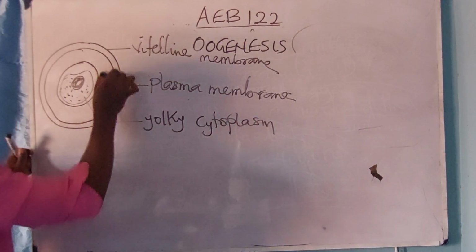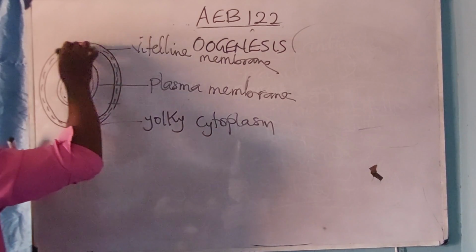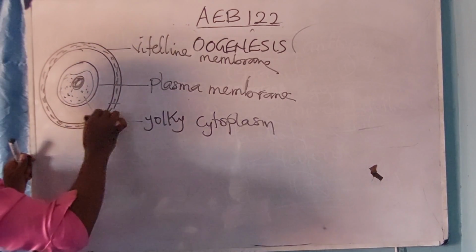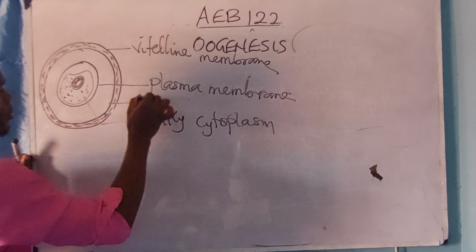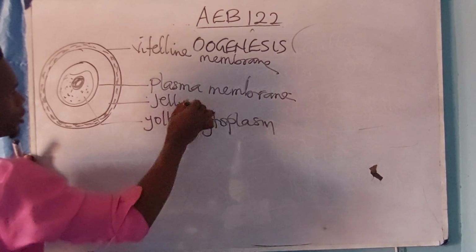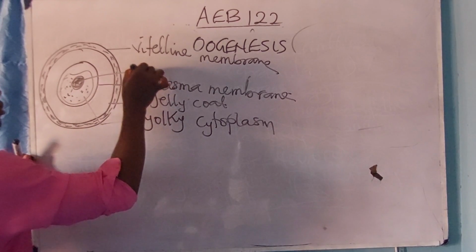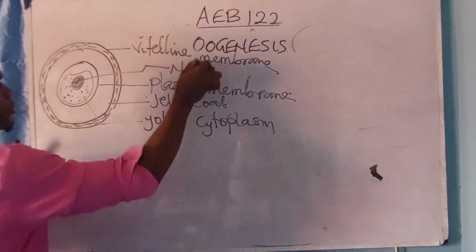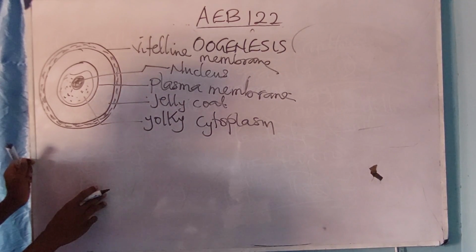Alright, this part, it's called the jelly coats. Jelly coats. This other one, of course, you know, is what? The nucleus. Alright. Which one again?